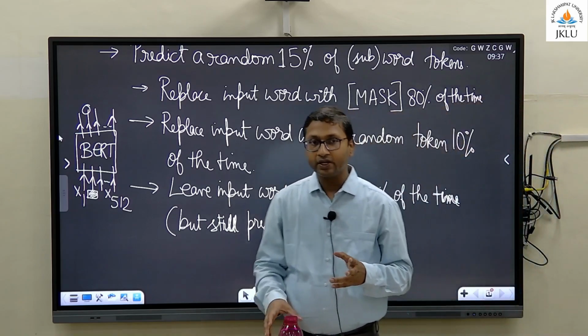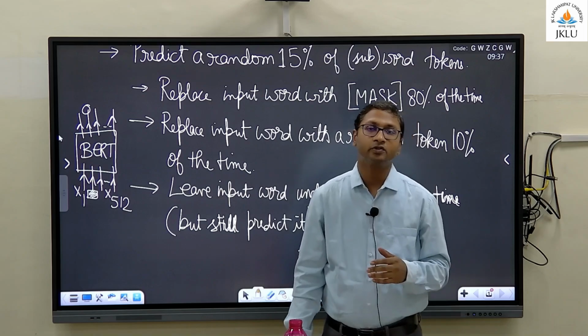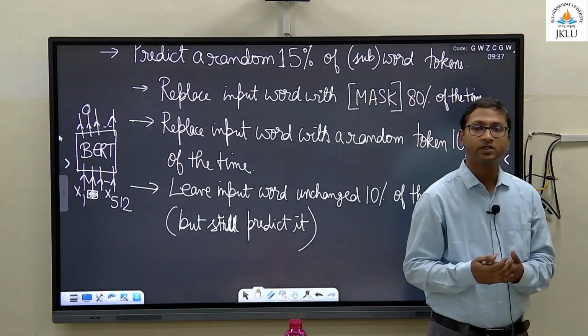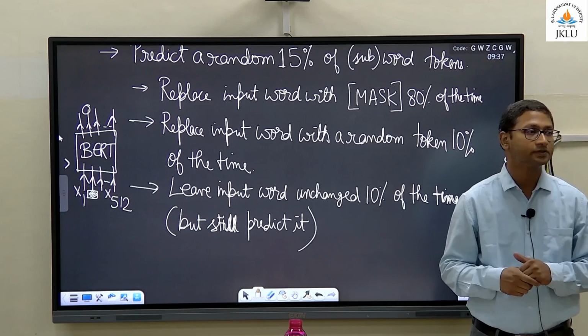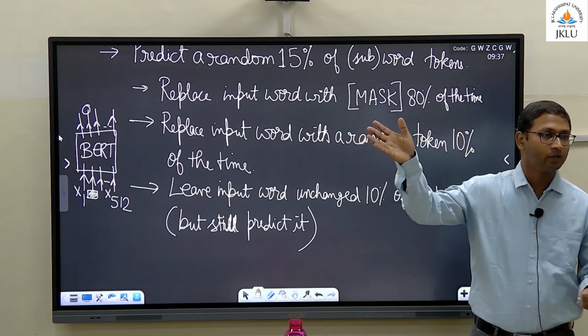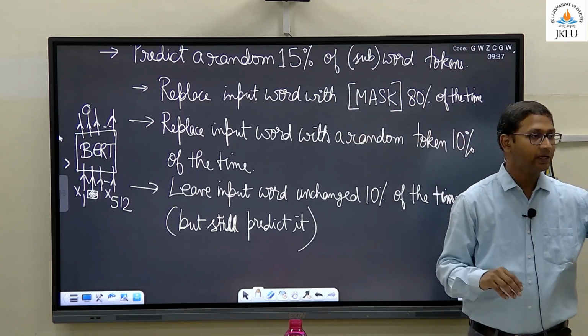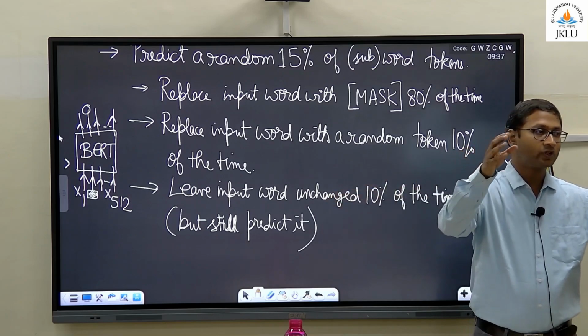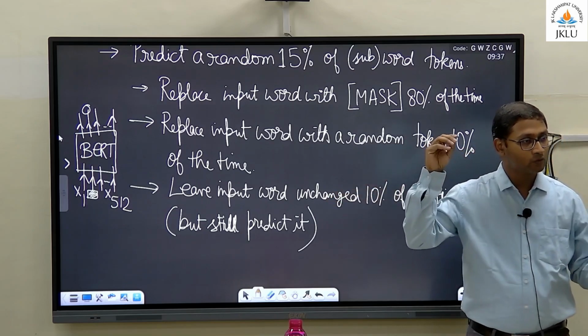The way we have seen machine learning, you are given some total data of size 100. You split that into 80-20. So you train on 80, you test on 20.